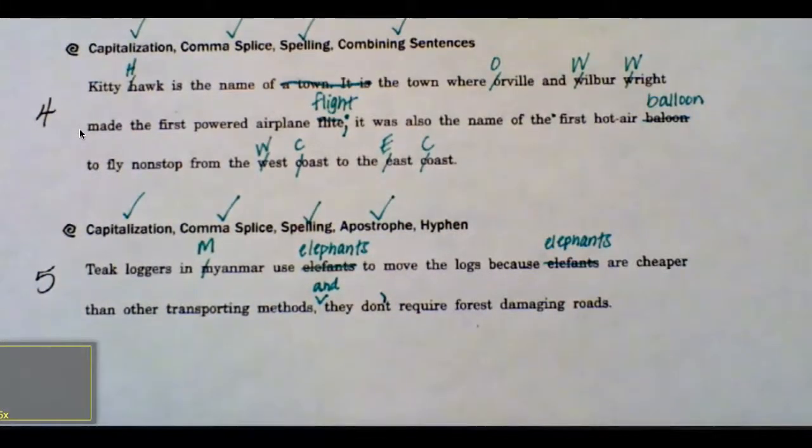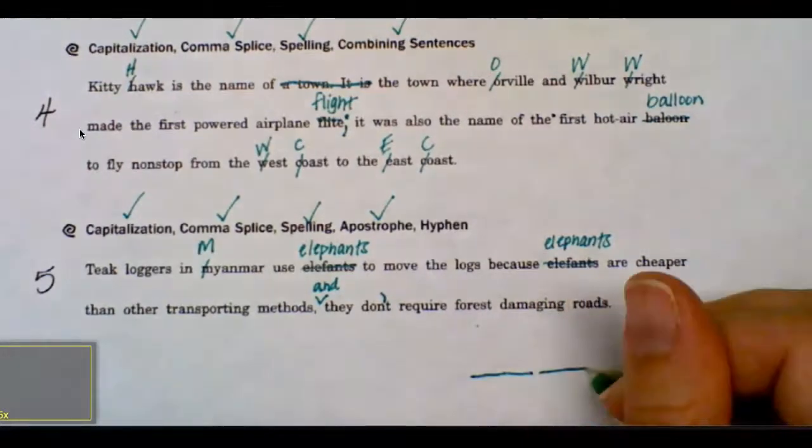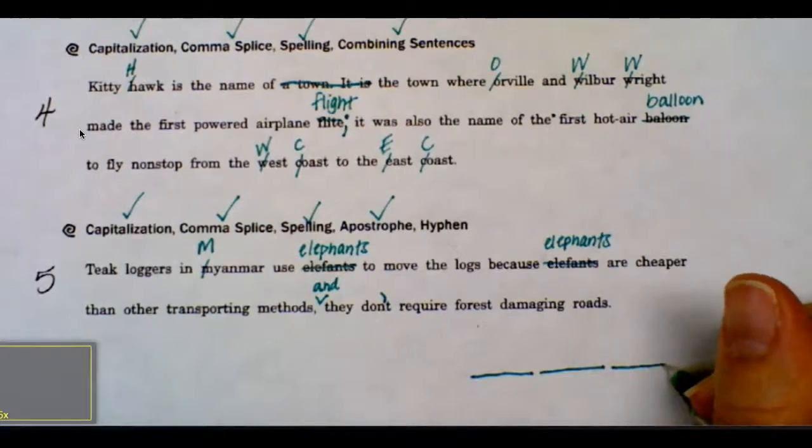And lastly, I'm going to add a hyphen, which is the little dash between two words. Now, in doing so, I just want to show you quickly the format that this hyphen rule uses. So hyphens can be used if we have two words that are going to work together to create an adjective that describes a noun.